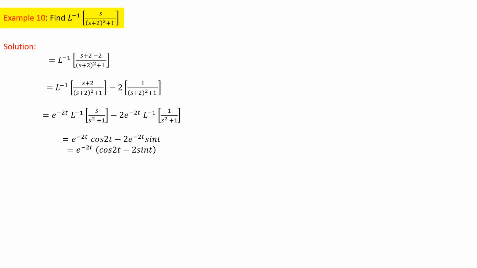Question number 10. We have L inverse of s by s plus 2 the whole squared plus 1. If you see, in the denominator I have s plus 2, but in the numerator I have only s. So I want to write the numerator also in the form of s plus 2. To write numerator as s plus 2, what I am going to do, I am adding 2 and subtracting 2 in the numerator.